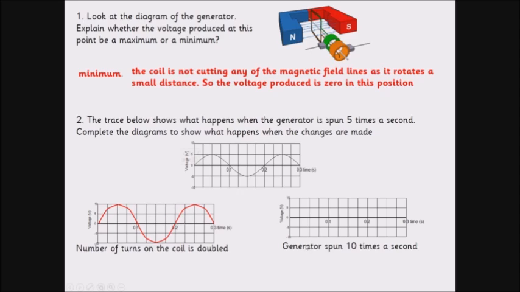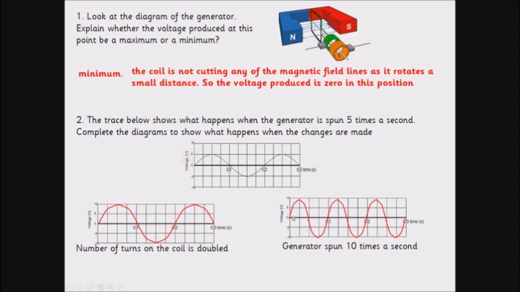Okay, for this graph, we've now got the generator spun 10 times a second. So here we haven't got twice the number of turns, we've just got it spinning twice as fast. So we're still going to get twice the amount of electricity produced because it's cutting the magnetic field lines twice as fast. But it's going to happen in a different wave here, because this is taking 0.2 seconds for one wave, whereas if we spin it twice as fast, it's just going to take 0.1 seconds for one complete wave.